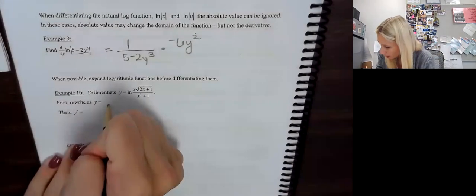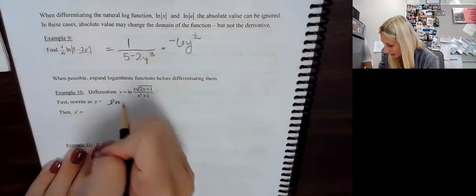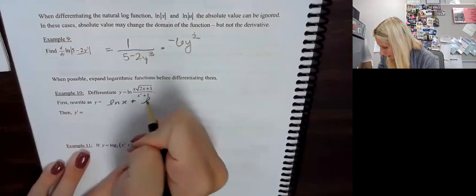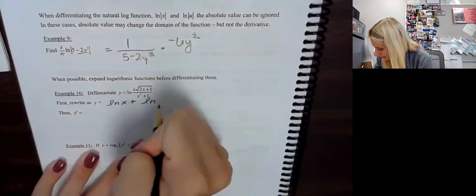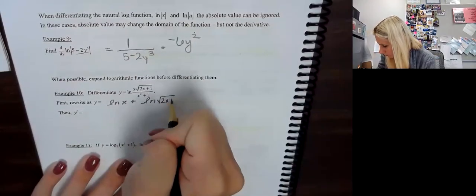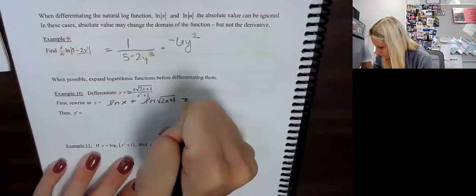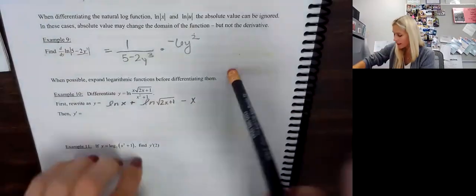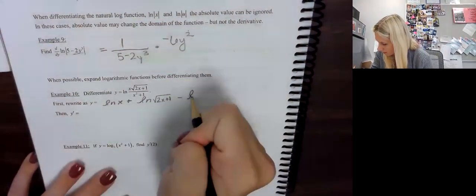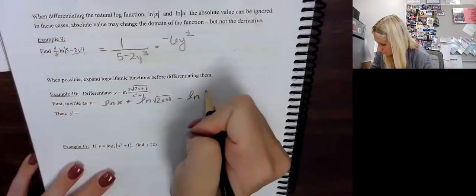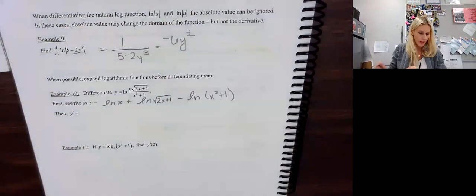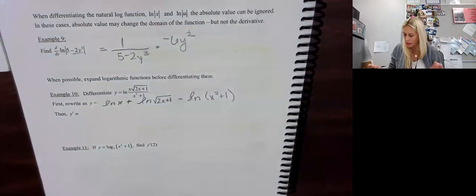So if you remember, anything on top is the addition, and on the bottom is the subtraction. Oop, forgot the ln. ln of x squared plus 1. Okay, now we have some chain rules to think about.